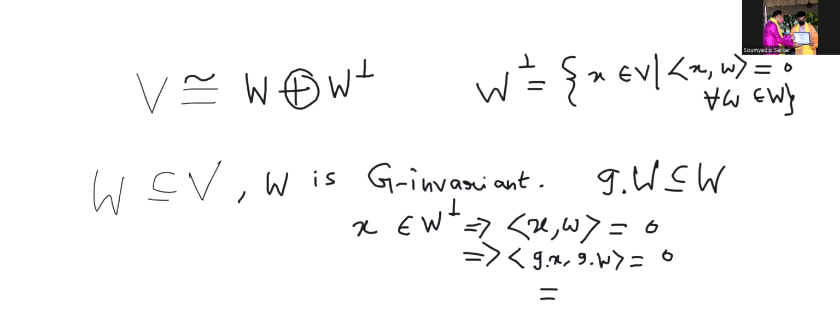And since W is G invariant, GW is contained in W. So the inner product of G dot x comma w prime is also 0, but w prime is some element of W. So that means Gx also belongs to W perpendicular.